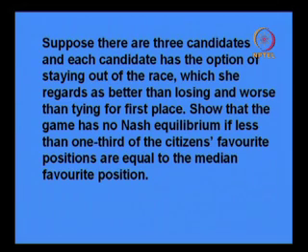Suppose there are 3 candidates and each candidate has the option of staying out of the race, which he regards as better than losing and worse than tying for the first place. This is something which we have already seen. Show that the game has no Nash equilibrium if less than 1/3 of the candidates' favorite positions are equal to the median favorite position.